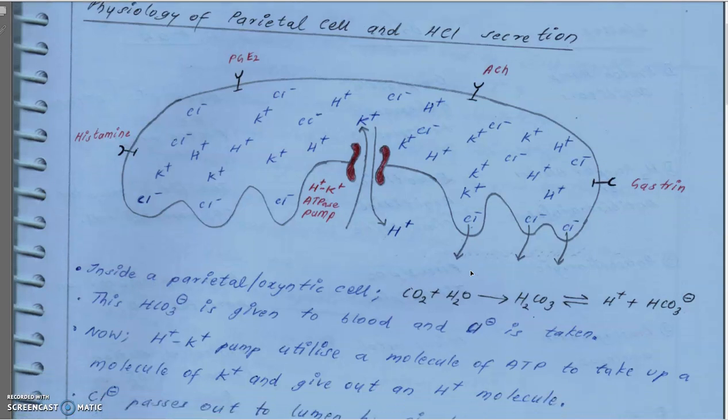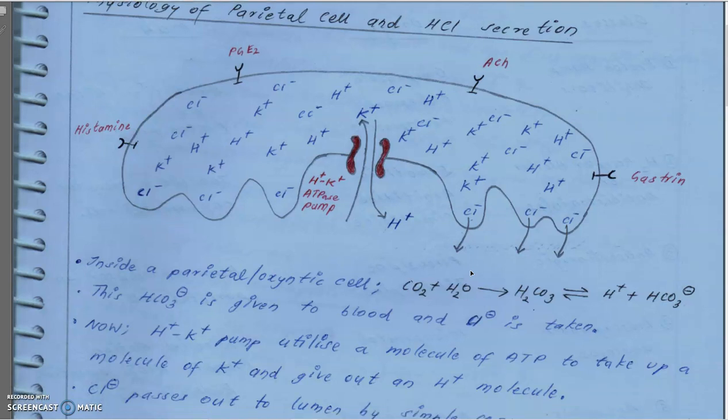Inside a parietal cell, or the so-called oxyntic cell, a molecule of CO2 combines with a molecule of H2O to produce H2CO3, which decomposes to H plus and HCO3 minus ion. This HCO3 minus is given back to the blood and Cl minus is taken into the parietal cell.